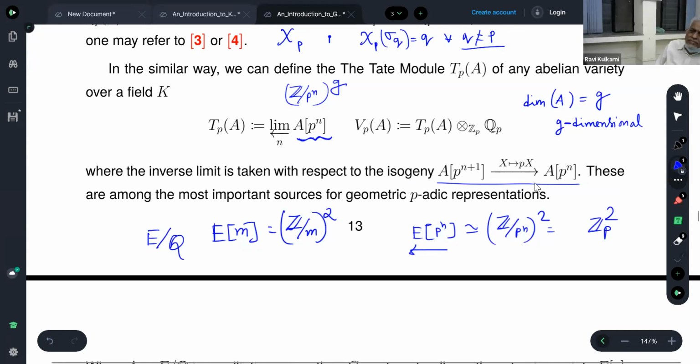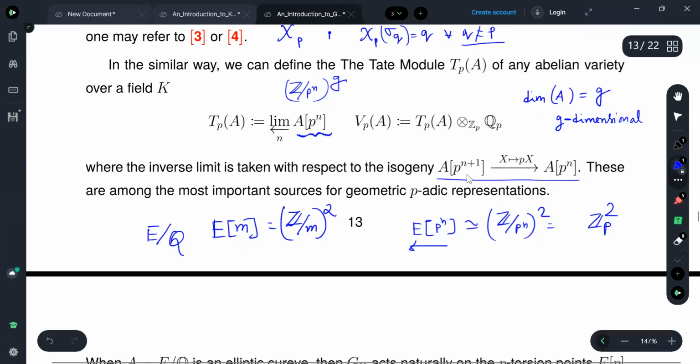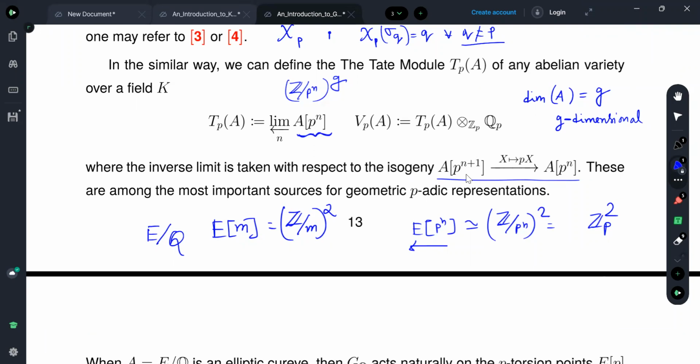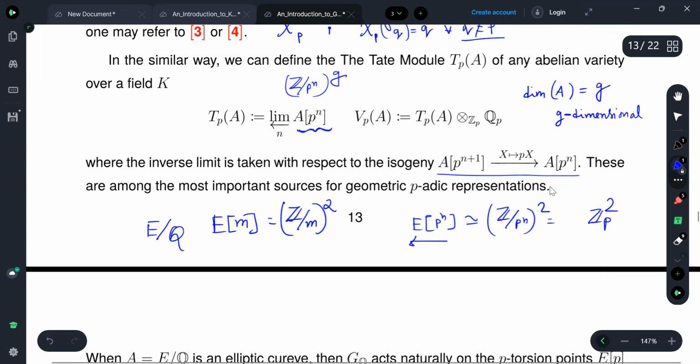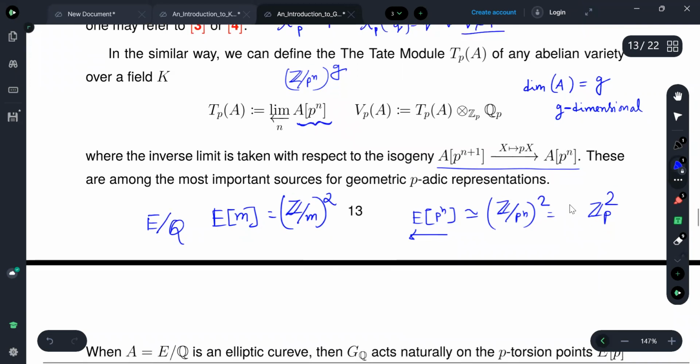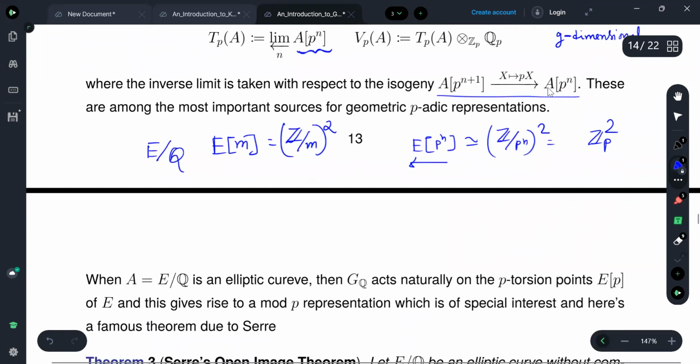I see. So if you take a point inside the p^(n+1) torsion points and multiply it by p, then it will become a p^n torsion point. Yeah, so that's a natural map, and with respect to this, we take the inverse limit and define the Tate module.